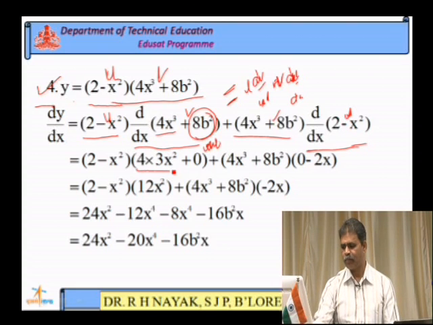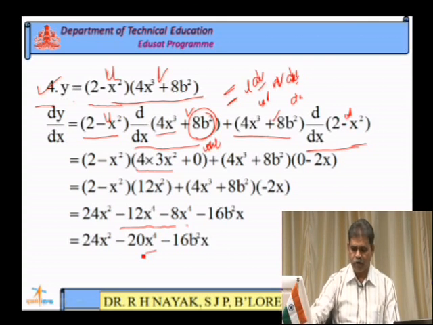Again plus into plus is plus, plus into minus is minus, 2x into 8b square, that is 2 into 8 is 16 b square into x. So, 24 x square minus 12 x to the power of 4, because minus 12 minus 8 are added because of the same sign, minus 12 minus 8 is minus 20 x to the power of 4, minus 16 b square x. This is the product rule.